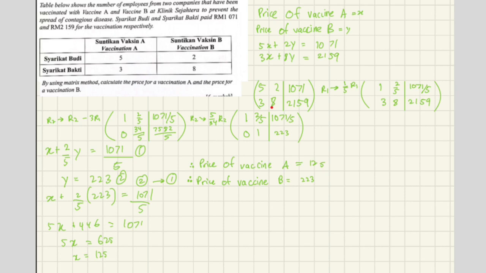So 5x equals 625 and x equals 125. So now let's get the price for both vaccines. The price for vaccine A is 125 and the price of vaccine B is 223.